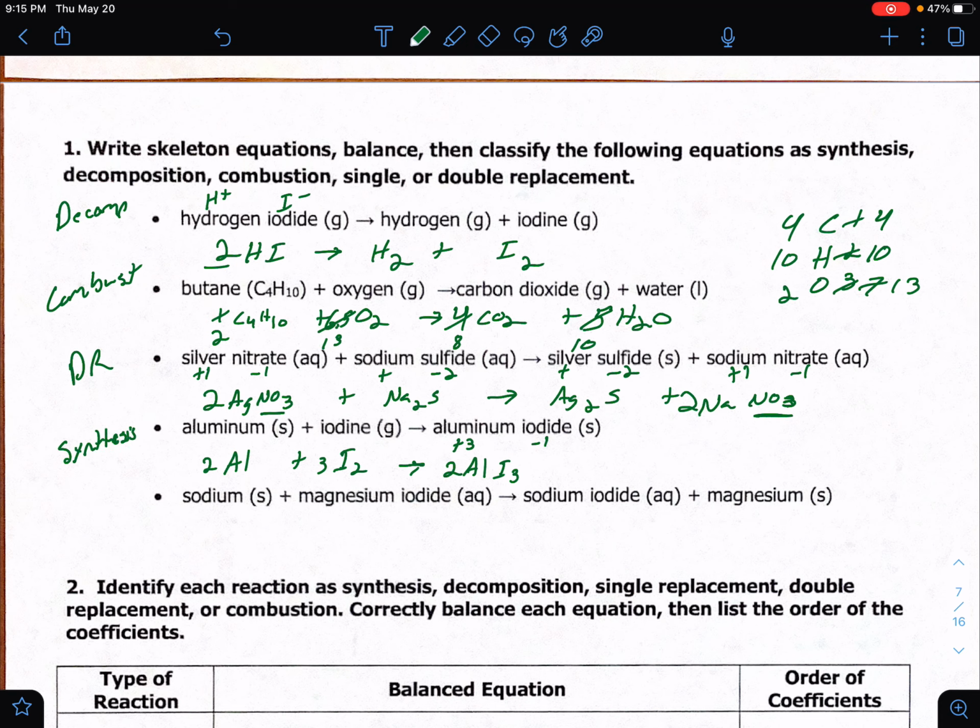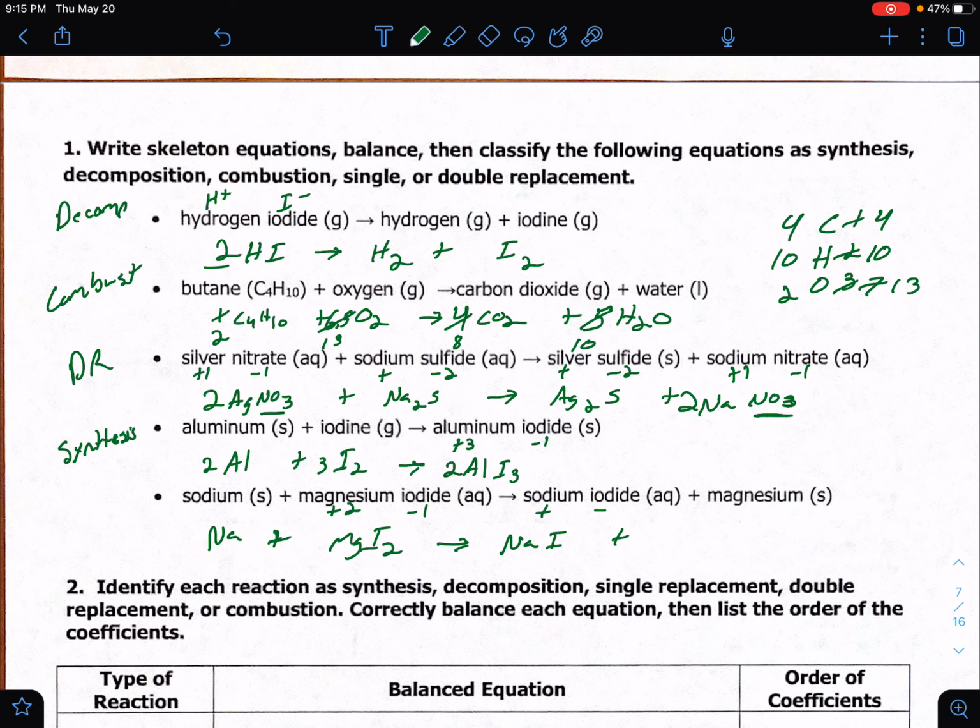Okay, next one, I have sodium, so this is going to be Na with a +1, so I don't really need that, not right now at least. So sodium would be Na plus magnesium iodide, so magnesium is +2, iodine's -1, so this would be MgI2. Gives me sodium iodide. Okay, +1, -1, so this is just NaI.